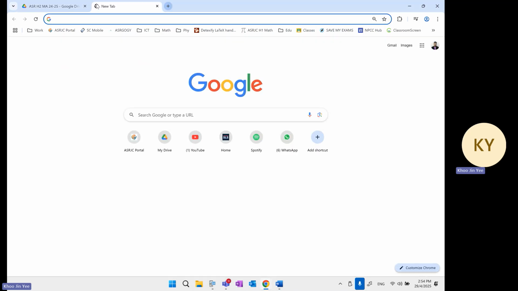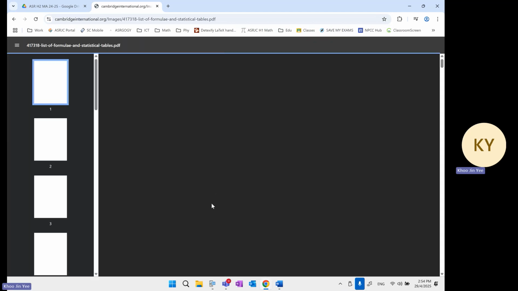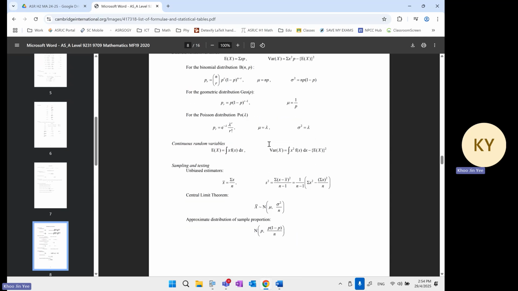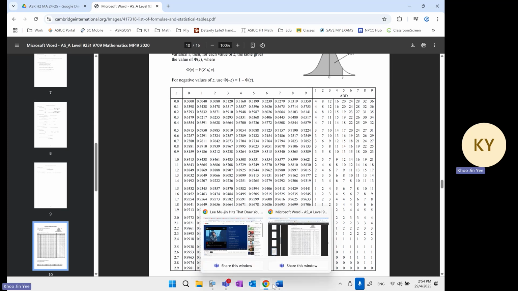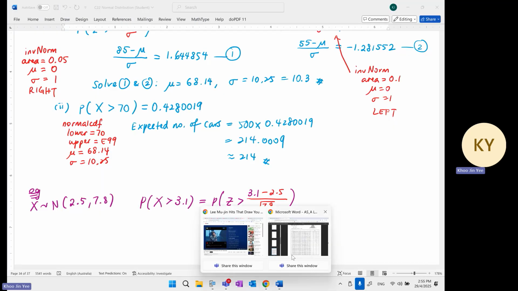Now, with this value, right, how would they calculate this? They will look at this table. So last time when I didn't have GC, right, what I do is I look at this table. So what's the value just now? 0.214834, right?